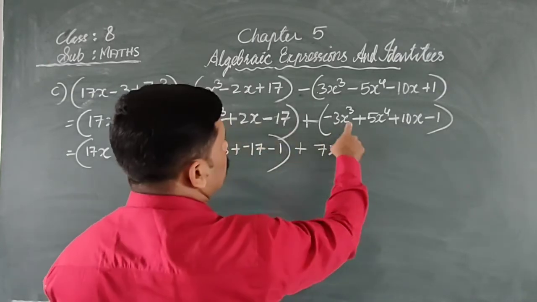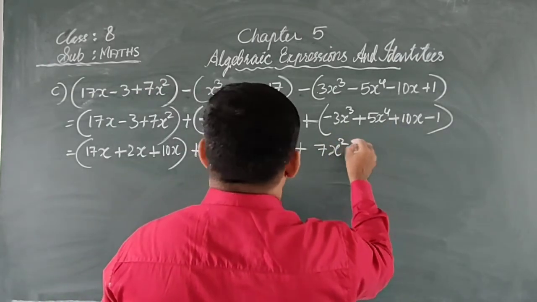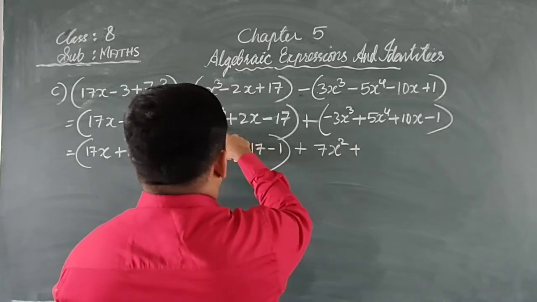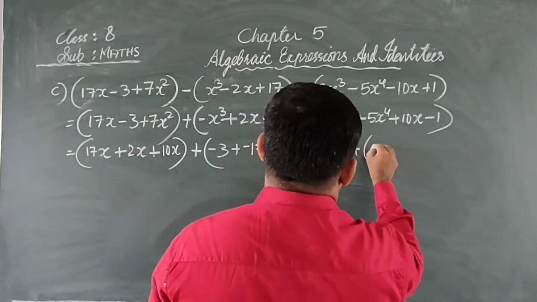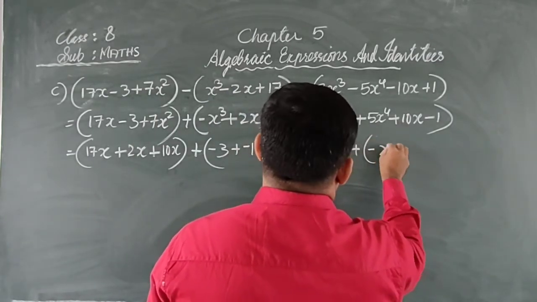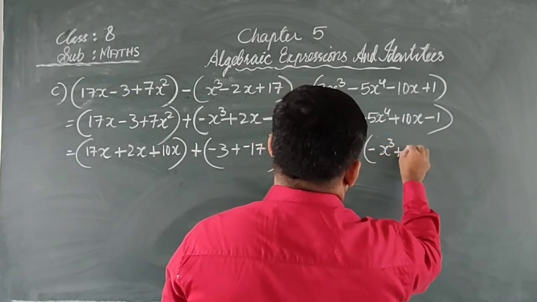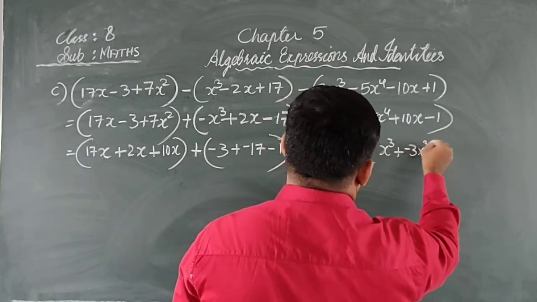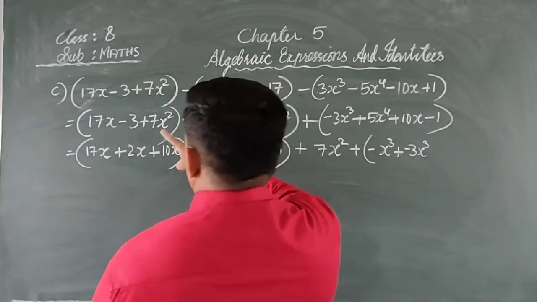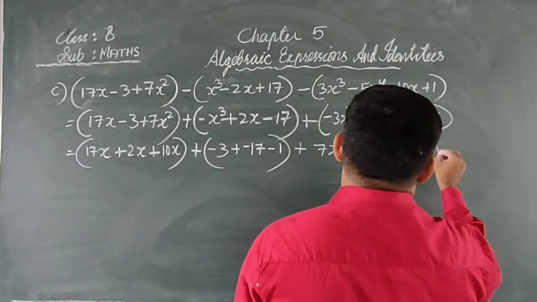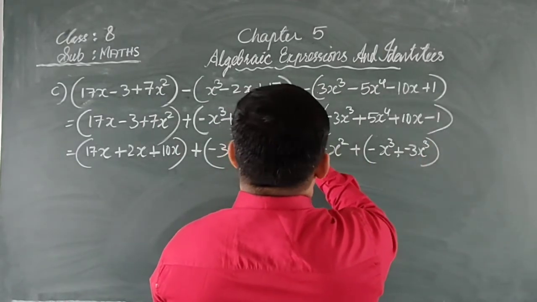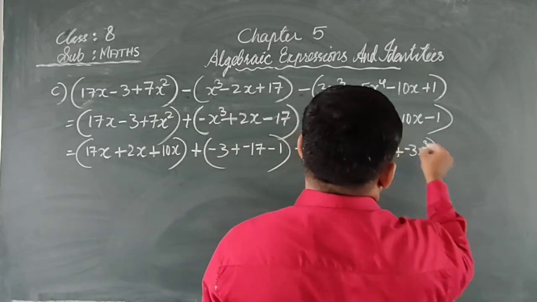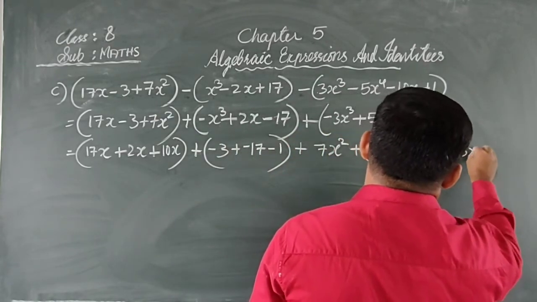There is no x square here, here also no x square, so only 1. Next x cube, negative x cube plus negative 3x cube. Any other x cube? Okay, no, only 2x cube. Then next x we have taken 17, we have taken plus 5x power 4.